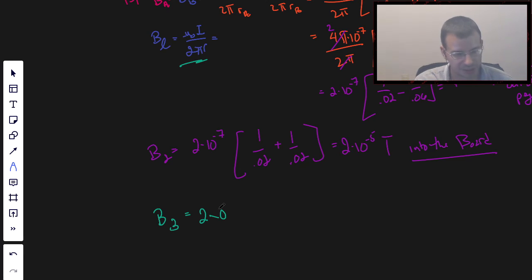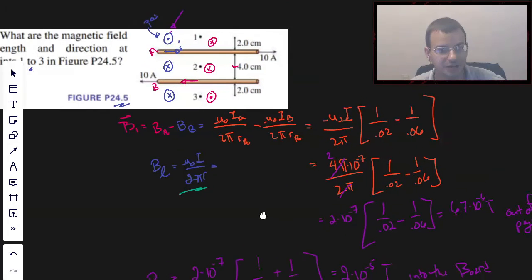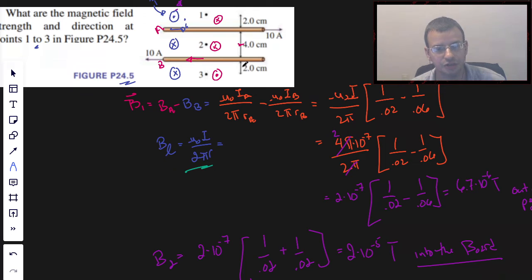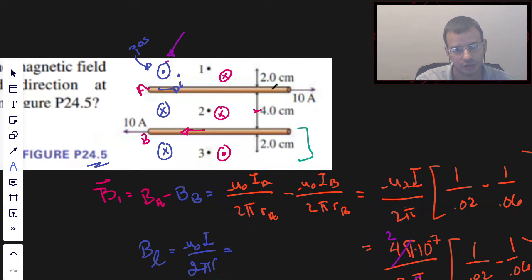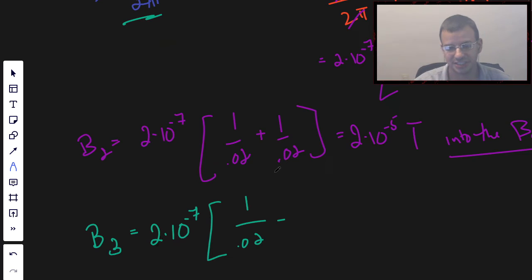When we simplify things, we're going to get 2 times 10 to the negative 7th, 1 over radius 1, which in this case I'm going to do in terms of the bottom wire. So it's going to be 0.02 minus, and the distance for the top wire to point 3 is going to be 4 centimeters plus 2 centimeters, which is 6 centimeters, 1 over 0.06.